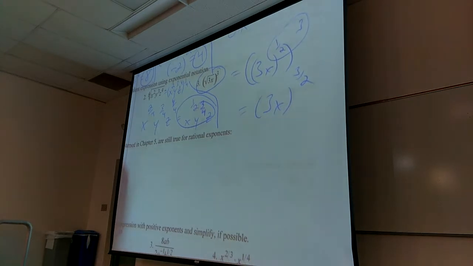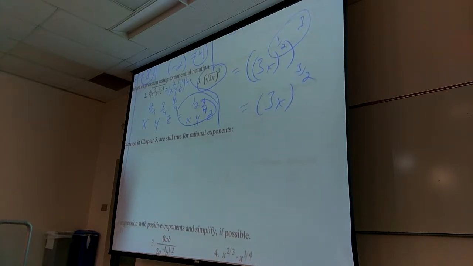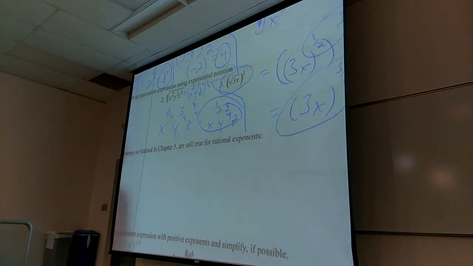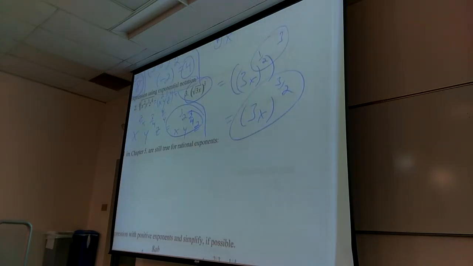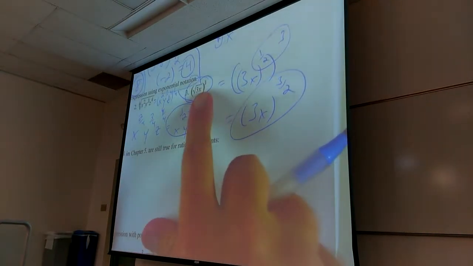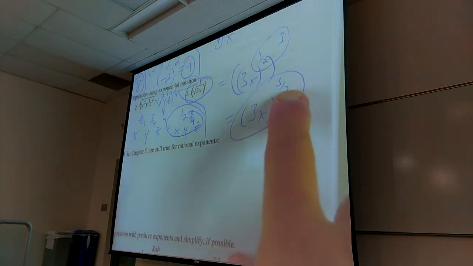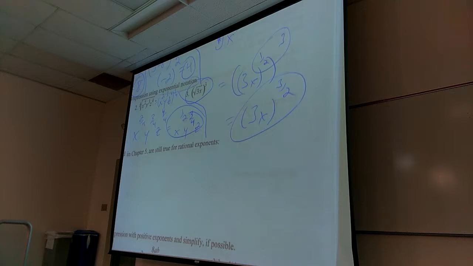I like it. Now, from here you could argue you could do some stuff with the 3, but not really. There's no need for that. This is rewritten using exponential notation. You're done. So instead of 3x having radical stuff happening to it, 3x now has fractional exponent stuff happening to it. That's beautiful. Okay, I like it.